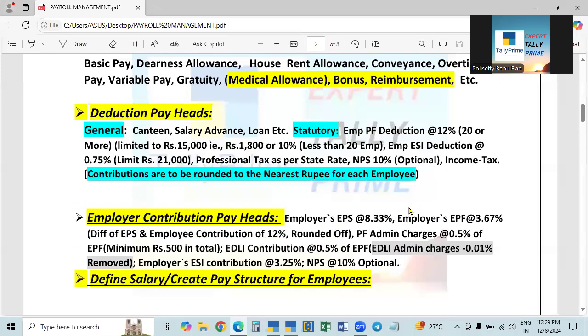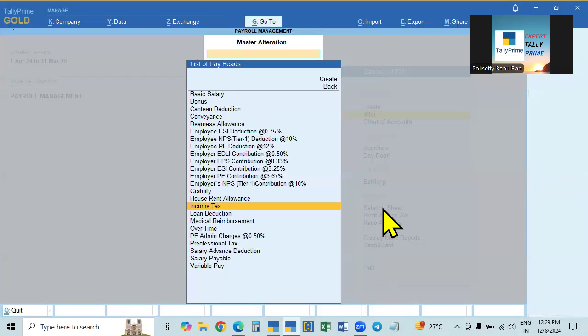Now, against these deductions, the employer also has to contribute some amount. So for that, first of all, you will take up the provident fund deduction. The employer also has to contribute 12%, deducted 12% from the employee, and the employer also has to contribute 12%.